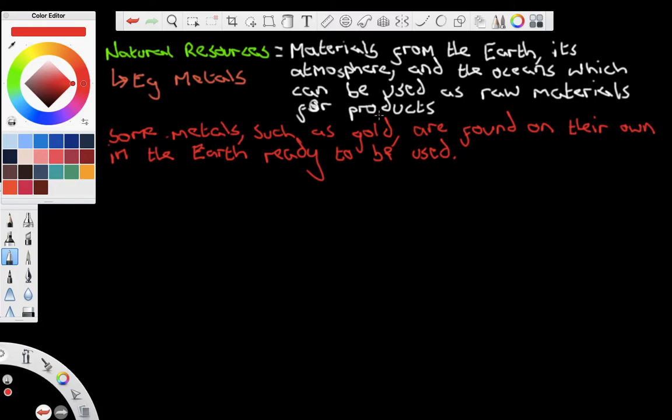Other metals, such as copper or iron, are found as compounds in the earth.